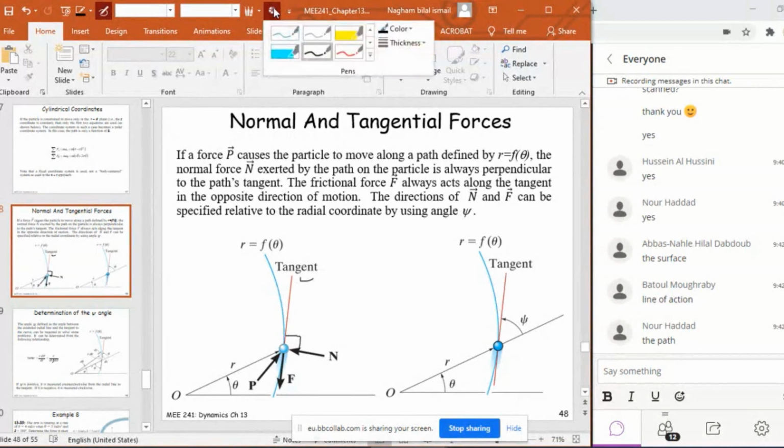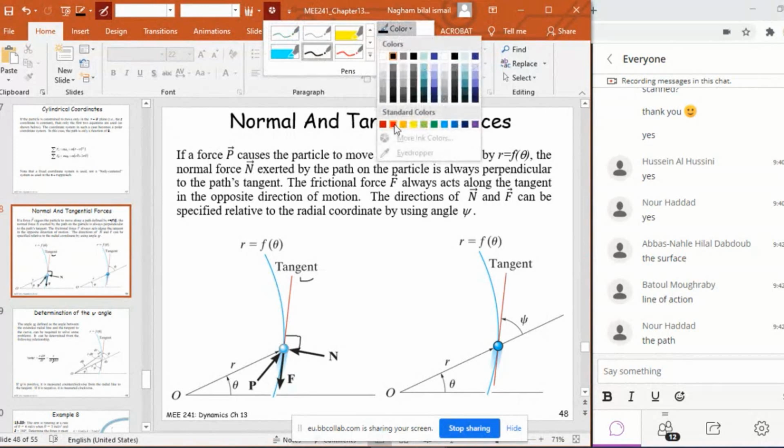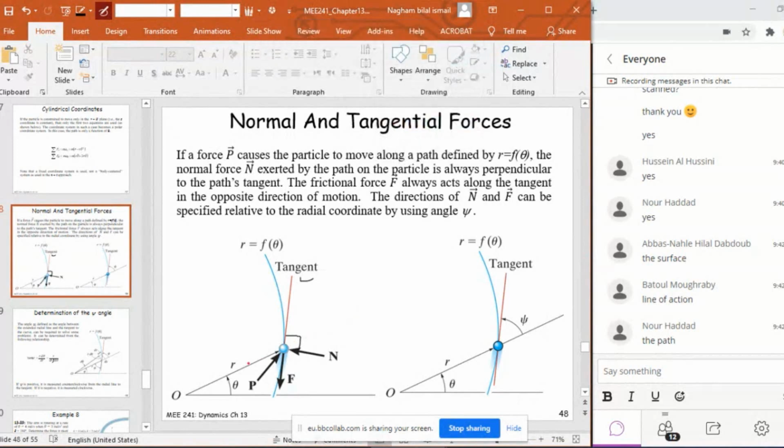Okay, so if I want to apply the equation of motion in cylindrical coordinates, what will be UR? UR will be along R to the outside. So this is UR. Of course, I'm exaggerating UR because this is a unit vector, so it should be very small. It's okay. Now, what is the U theta? It is the perpendicular vector in the direction of theta, so this will be U theta.